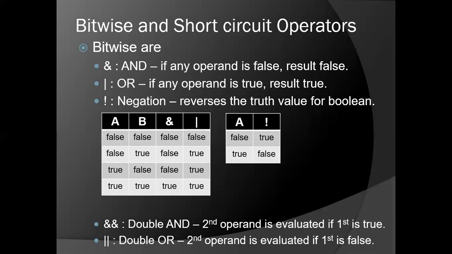And that's where the short circuit operators come in, double AND and double OR. Double AND evaluates the second operand only if the first is true, and double OR evaluates the second operand only if the first is false. That's about bitwise and short circuit.